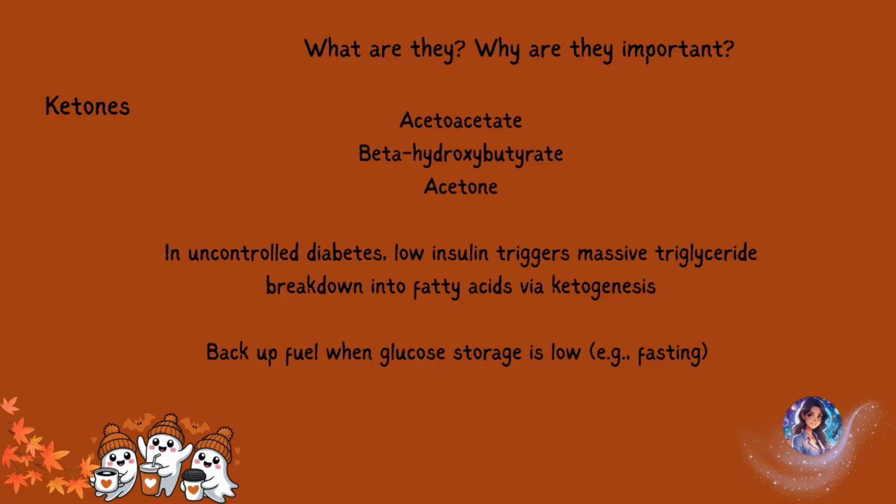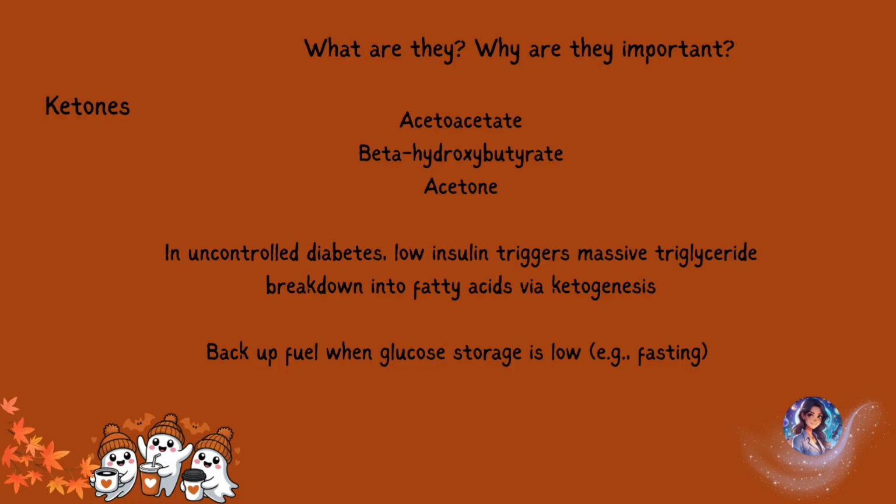When insulin is low, like in type 1 diabetes, triglycerides, those energy storage lipids from our previous slide, break down in fat cells by hormone-sensitive lipase, releasing fatty acids. The liver takes these fatty acids, chops them up in beta oxidation, and turns them into ketones in mitochondria. But too many fatty acids from triglycerides flood the liver, cranking out ketones like crazy, especially in diabetes.